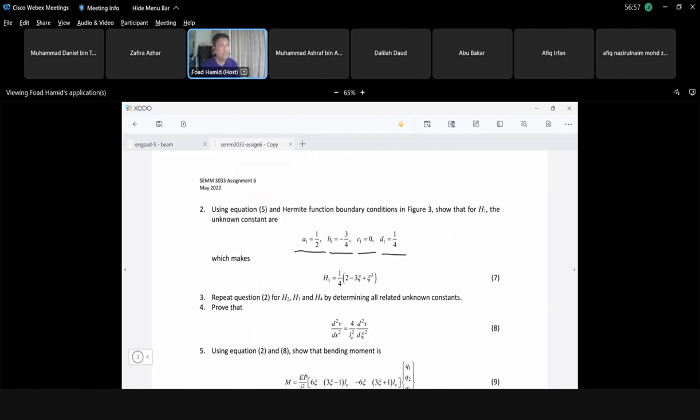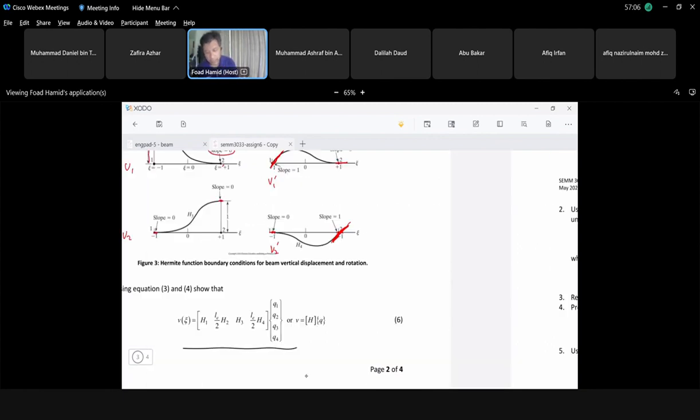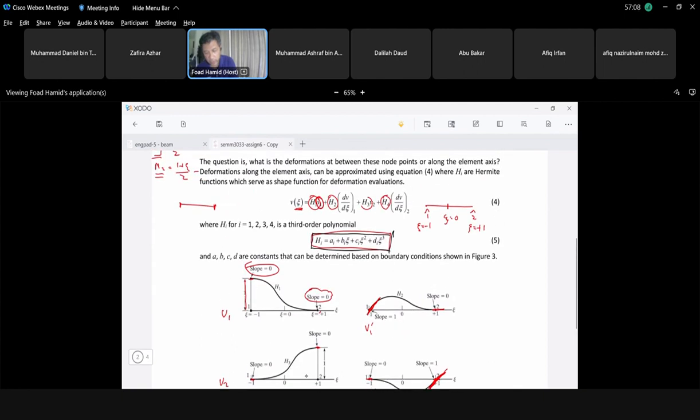So how do we do this? Note how many unknowns we have: A, B, C, and D. So we have 4 unknowns, which means we must have 4 equations to find A, B, C, and D.